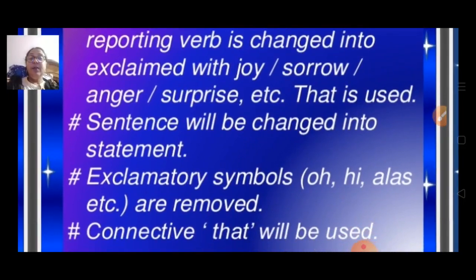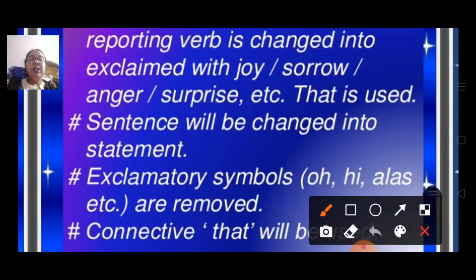Whenever we are changing direct to indirect speech, it will change into a statement. Exclamatory words like oh, hi, alas, wow are removed. Whenever we make direct into indirect speech, we just remove these exclamation symbols. Now the connective "that" will be used.